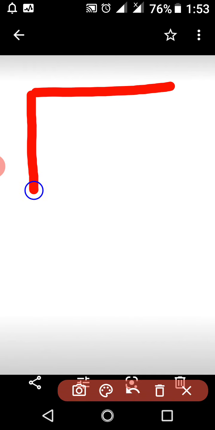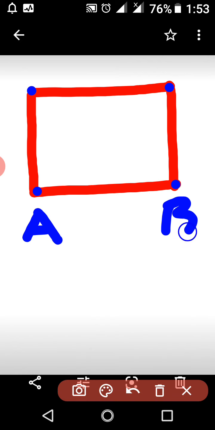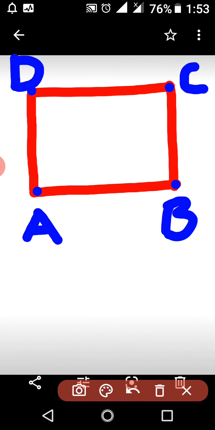Now I am taking one polygon, quadrilateral, which is known as a rectangle here. This is bounded by 4 line segments, and at 4 corners we have 4 points A, B, C and then D.